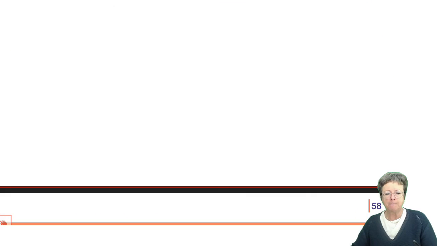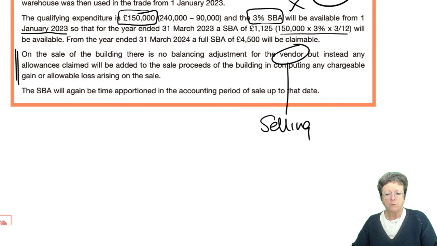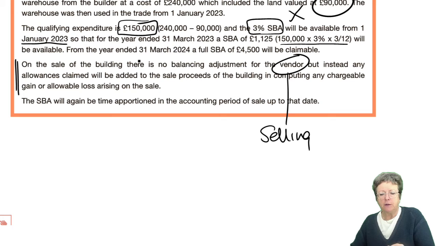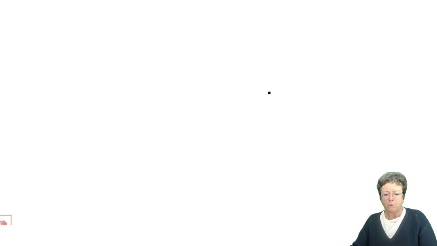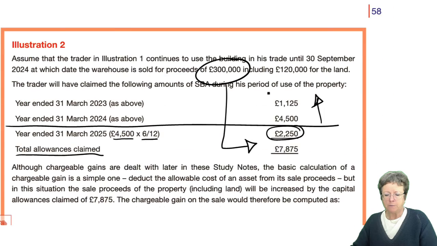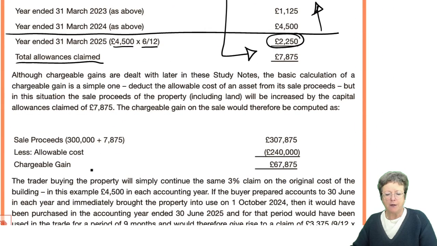If you go up to here, on the sale of the building, no balancing adjustment for the person that's selling it, the vendor. Instead, any allowances claimed are added to the sale proceeds of the building. That's what we're doing here. We've added those two together and then taken off the cost, what we paid for it. So that is a chargeable gain. It will make more sense when we do chargeable gains later.